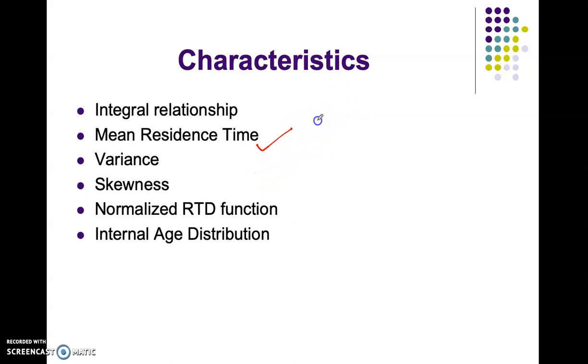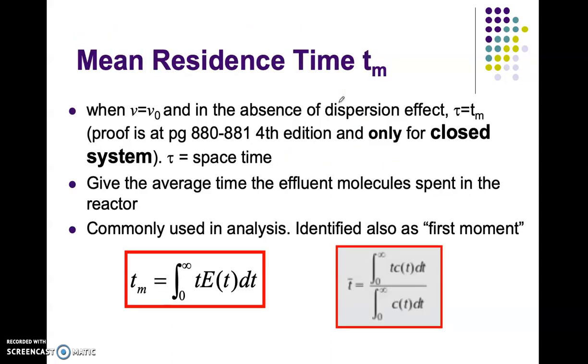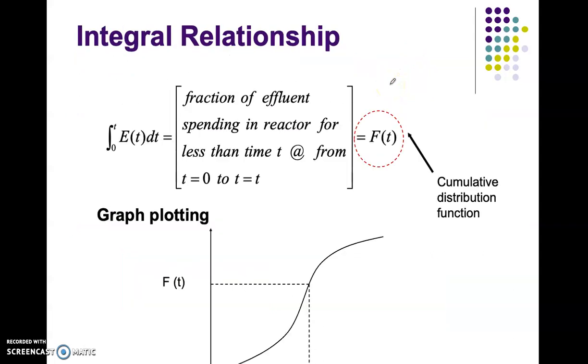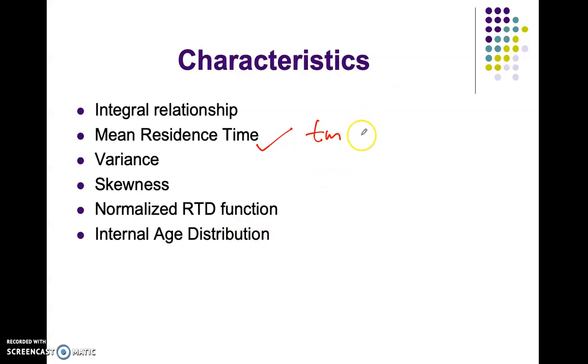In Fogler it uses tm, but in your book it uses T bar. It's actually the same thing.